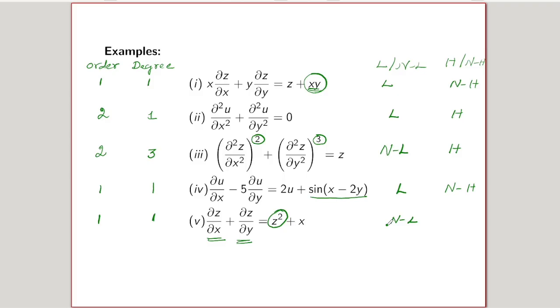So it will be non-linear equation, and similarly it is a non-homogeneous equation also, because take this term x, in this term x, no partial derivative, dependent variable z is also not there and partial derivative is also not there. So the last one is an example for non-linear, non-homogeneous partial differential equation.